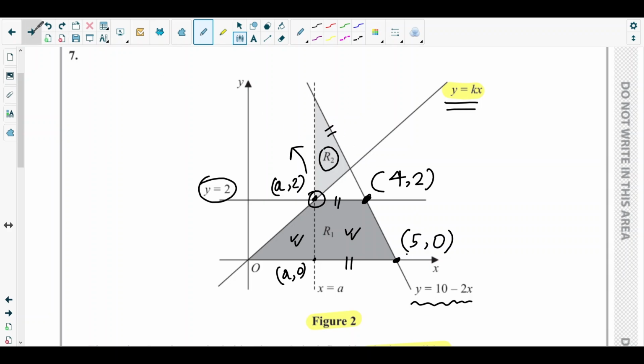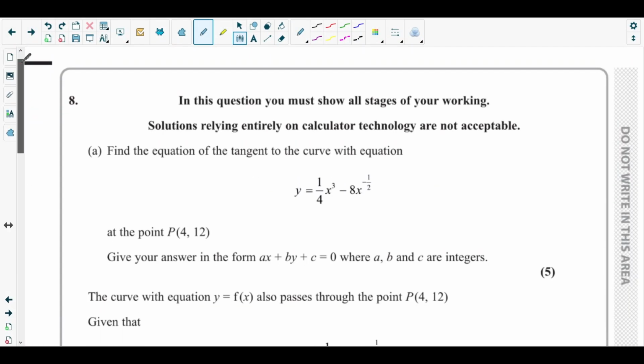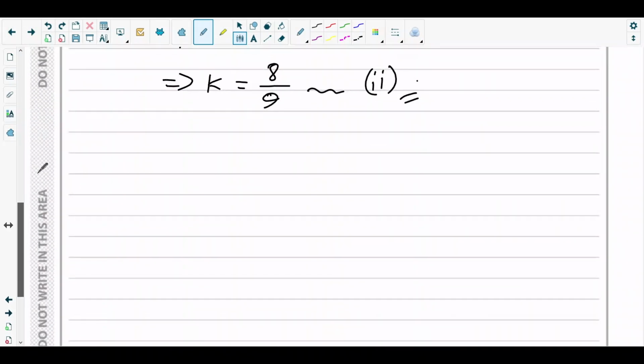Solid line. So what we can write here is that for region R2, for part B, region R2 can be defined as it lies below the line 10 minus twice of x, and it's a solid line. So y less than or equal to 10 minus twice of x. This is the first inequality we have considered.